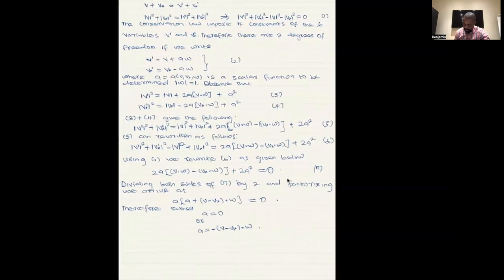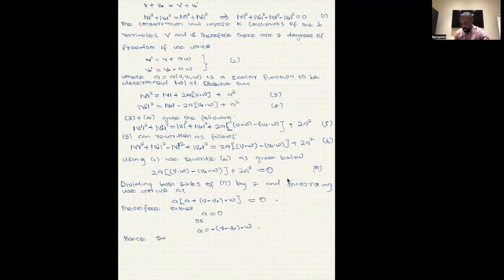Hence, so long as A is different from 0, we have from equation 2 that v prime is equal to v minus v minus v star dot omega times omega, and v star prime is equal to v star plus v minus v star dot omega times omega, which are the formulas for the post-collision velocities.